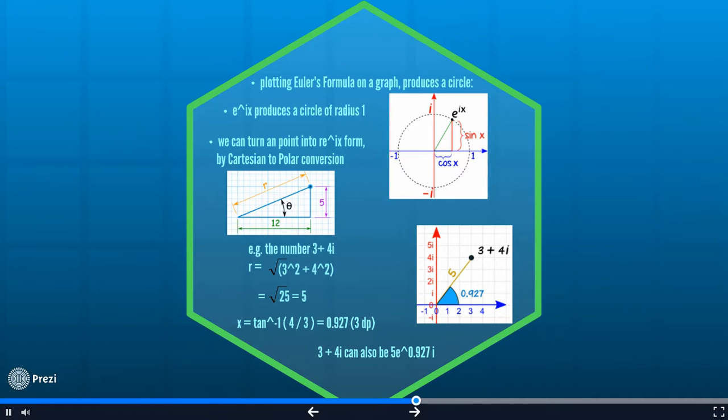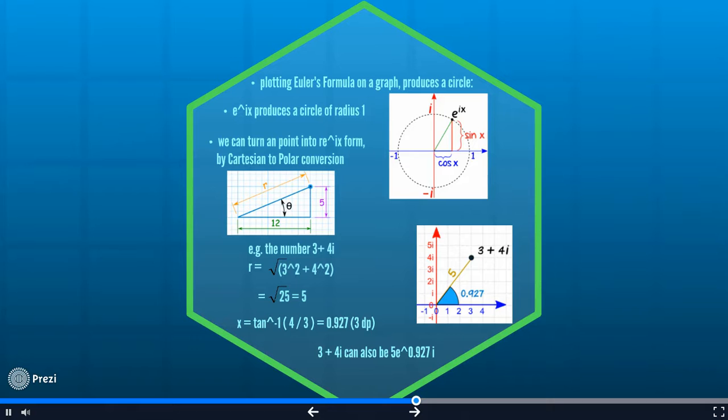And we can turn any point into r e to the power of i theta form by Cartesian to polar conversion. This is very simple and can be done using Pythagoras' theorem to find r, the hypotenuse of the triangle, and using the tangent function to find the angle. And if we do this with the number 3 plus 4i, we get that r is equal to 5 and theta is equal to 0.927 to 3 decimal places.